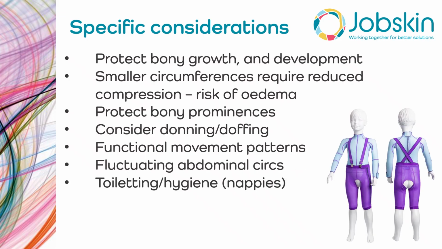And obviously for children, toileting and hygiene is a little bit more of a challenge. Young children are learning to wipe their bottoms and to wee in a way that doesn't get all over their clothes. So there are alternative pubis openings. The image on the right shows the pediatric pubis opening, which is wider at the back, and so it's less likely to get soiled.